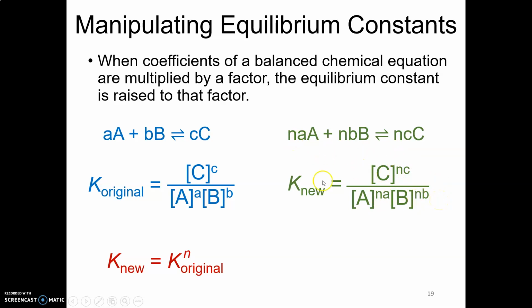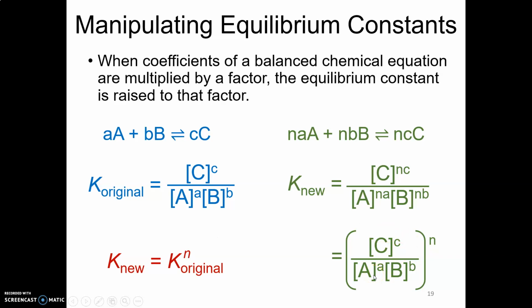That's how it's going to work in this expression. Well, what do you notice? Since they're all raised to N, and we know N is the same, you could just pull N out. So that means you could just take this original K expression and raise it to whatever this new N value is. Okay?